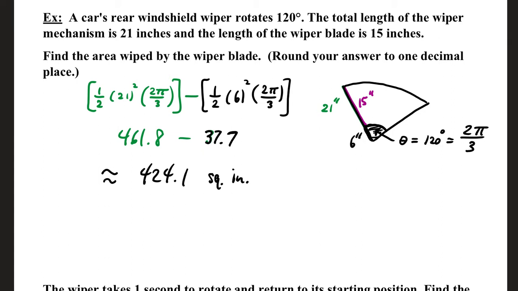That's the area of the entire sector, minus this empty space that doesn't get wiped, which is 1/2 times 6 squared times 2 pi over 3. All of it minus the little bit that doesn't get wiped gives you the area of the wiped section.